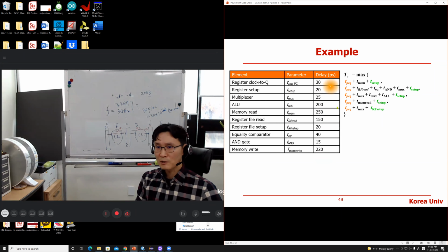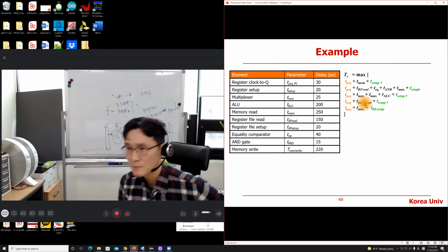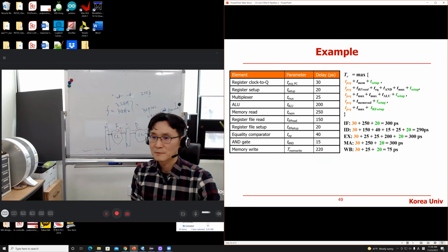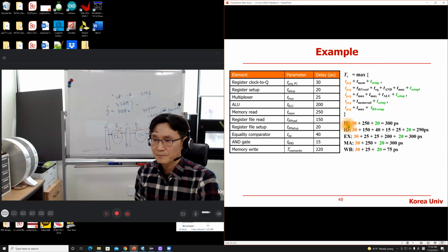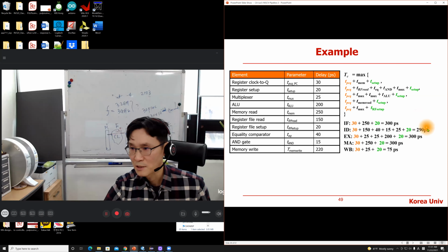So if you plug these numbers into that equation, then you get these numbers. Fetch stage, 30 picosecond delay, decoding this number. Among these five, you have to select the largest number, right?